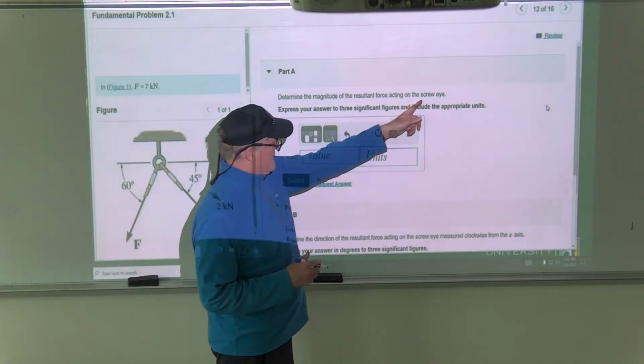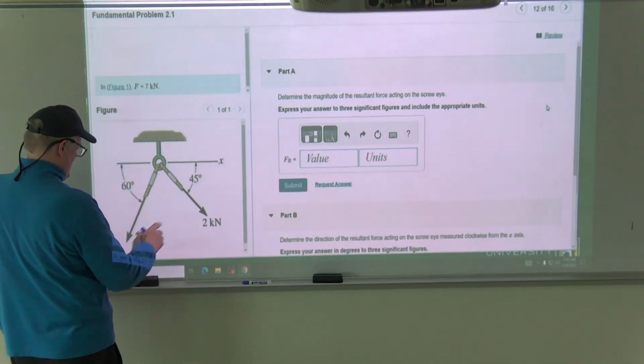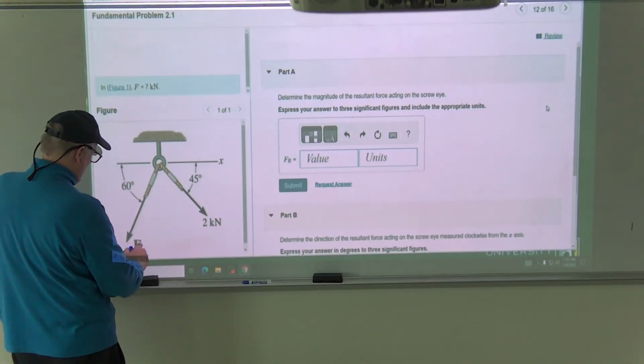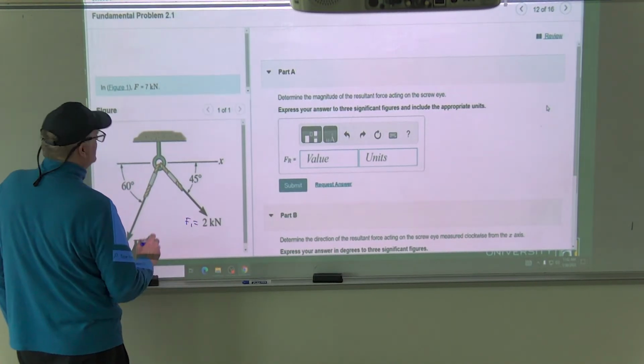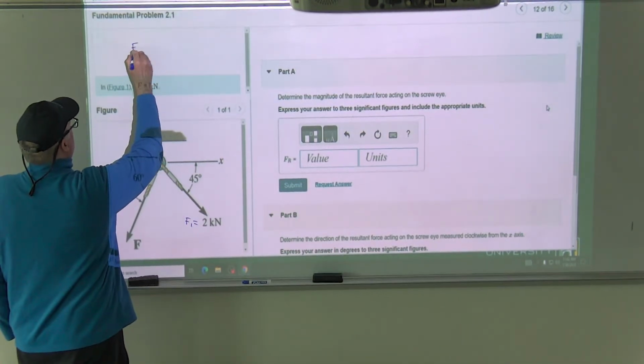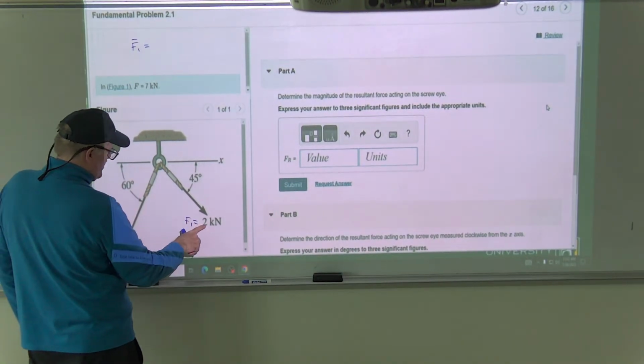That's the screw eye. So I guess we can call this F. I guess we'll call this one F1. And so if you look at it, F1 is just equal to 2. You know what?